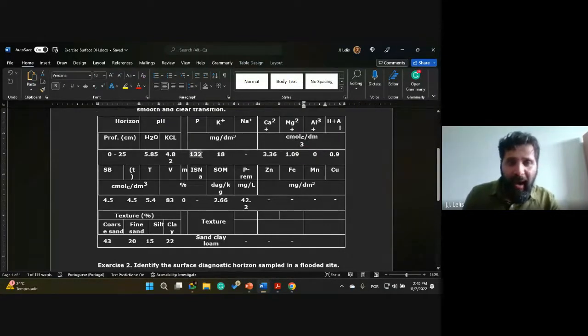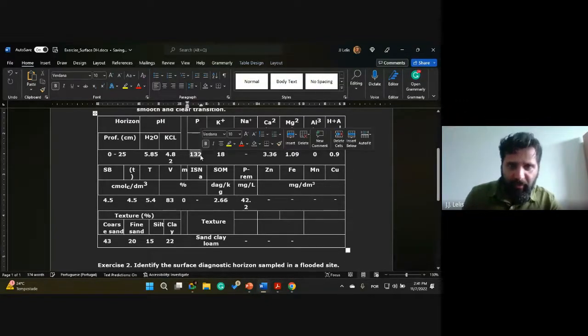We can see a high content of phosphorus. This content, 132, is very high. We usually find phosphorus below 10 milligrams per kilogram or per decimeter. So it's a high quantity of phosphorus, okay?